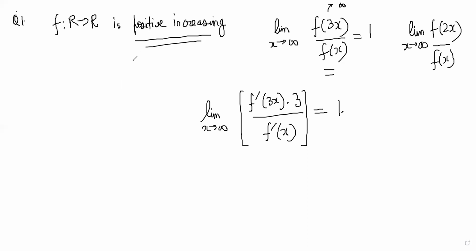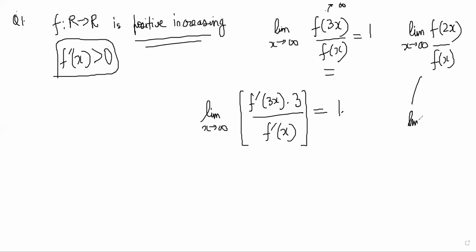One second. What we know here is f dash x is greater than 0. Positive increasing function, so it goes up to infinity. So infinity by infinity form. So that is finite. Both of them are tending to infinity. So 3 f dash 3x by f dash x is tending to 1.